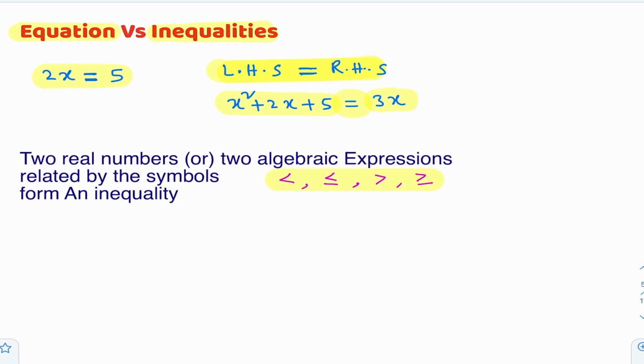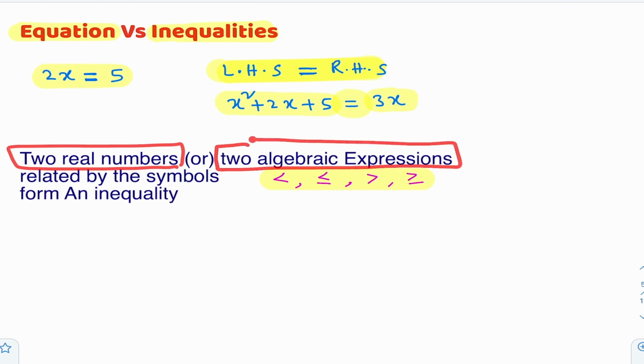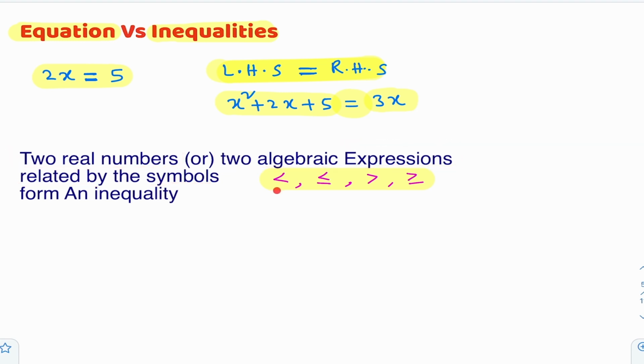Then what is an inequality? You observe here. The inequality definition is like this: two real numbers or two algebraic expressions related by these symbols. This symbol we call less than, or strictly less than. This is strictly less than.